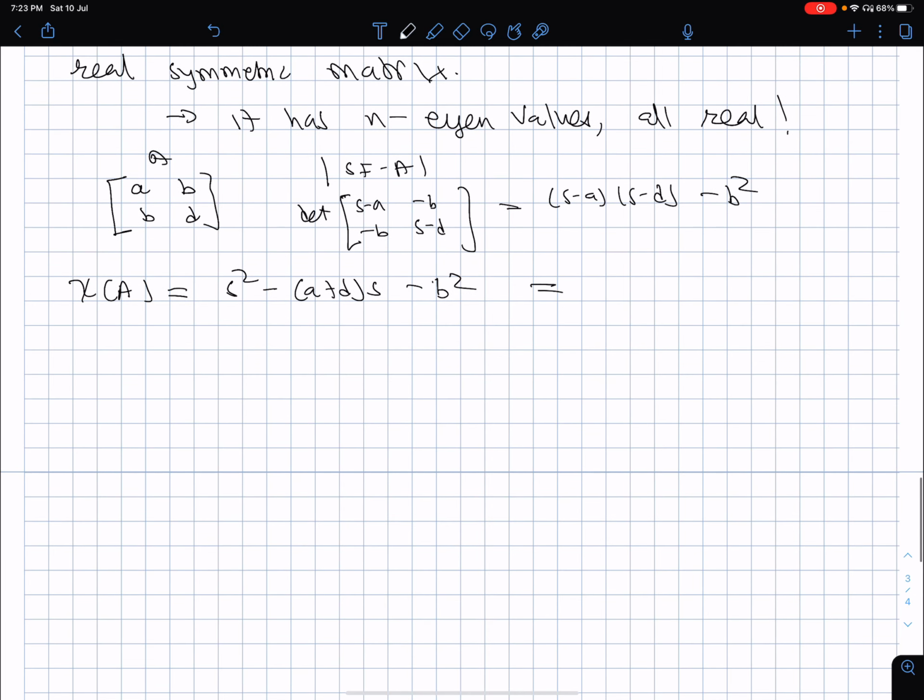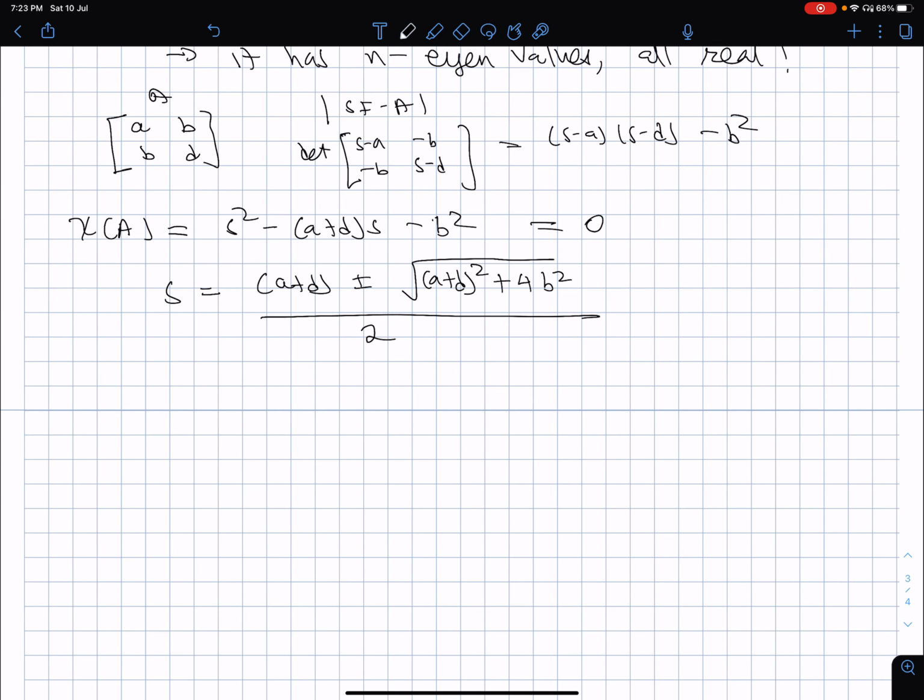So if you set it to 0, what are its roots? Minus of B, which is A plus D, plus minus under root of B square, which is A plus D whole square, minus 4AD, so minus 4A times D. This is going to be plus 4B square, because there is a minus sign sitting here, so plus 4B square, divided by 2.